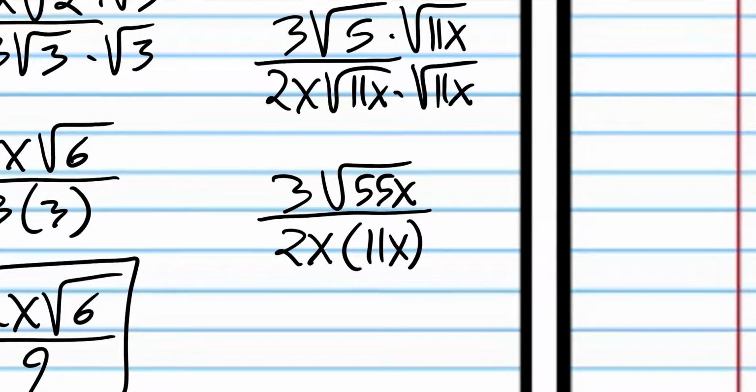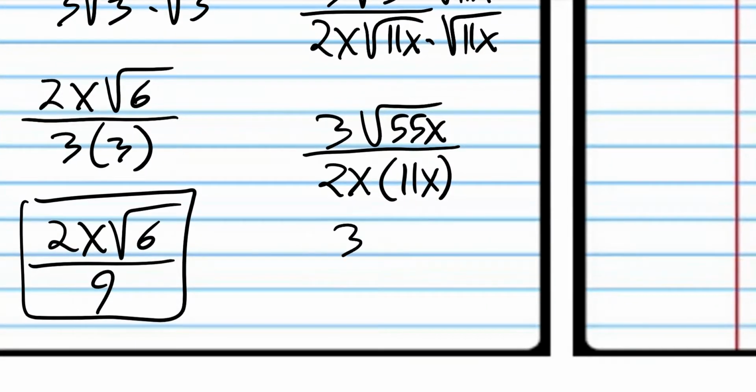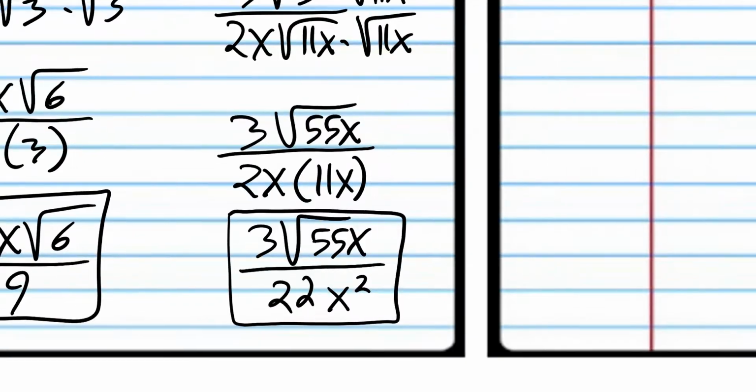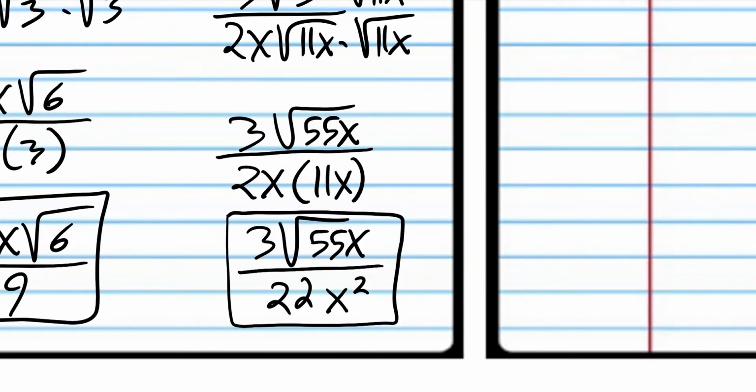And then we have 3 root 55x over, sorry about that, I don't know why it's doing that. 2x times 11x is 22x squared. And that is the final answer. So if you got that answer, good job.